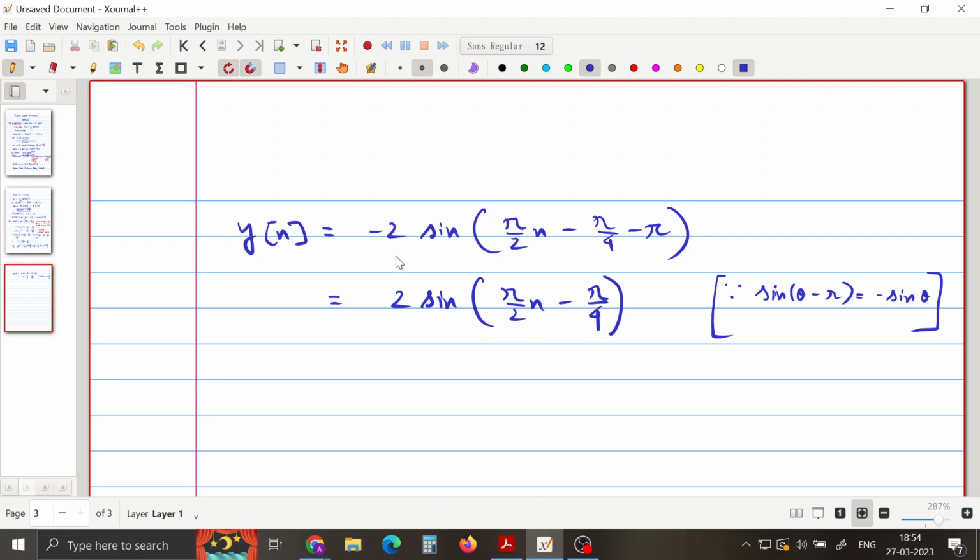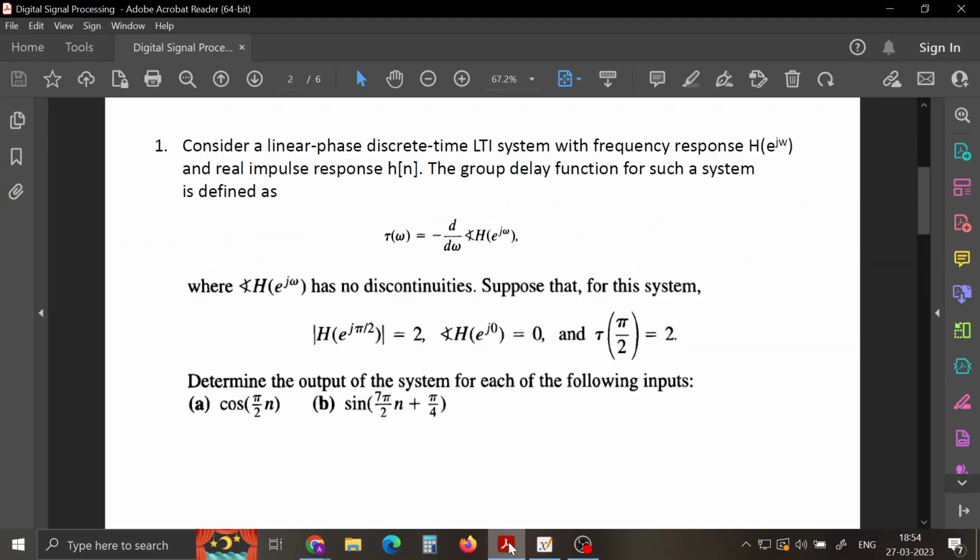That is a delay, that is angle. Tau of pi by 2 is 2. I can't get it.